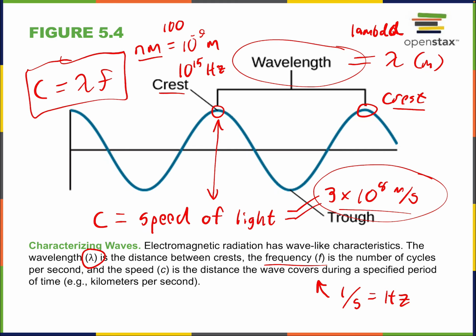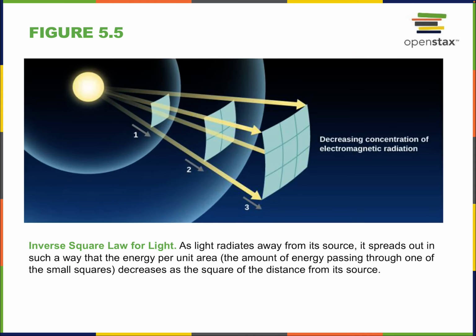This is a very big equation in understanding light, because if you know the frequency of light, then you automatically know the wavelength, and vice versa. Since c is an unchanging constant, it allows you to go back and forth between wavelength and frequency. Very useful equation, very big idea in understanding light.